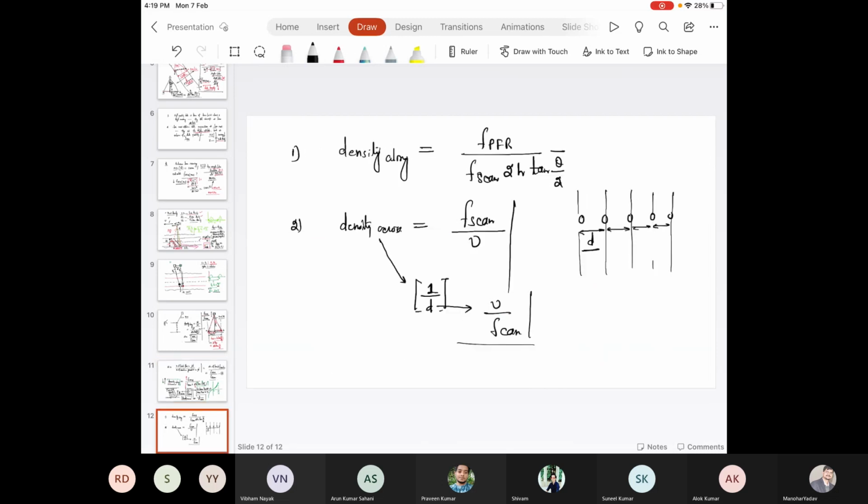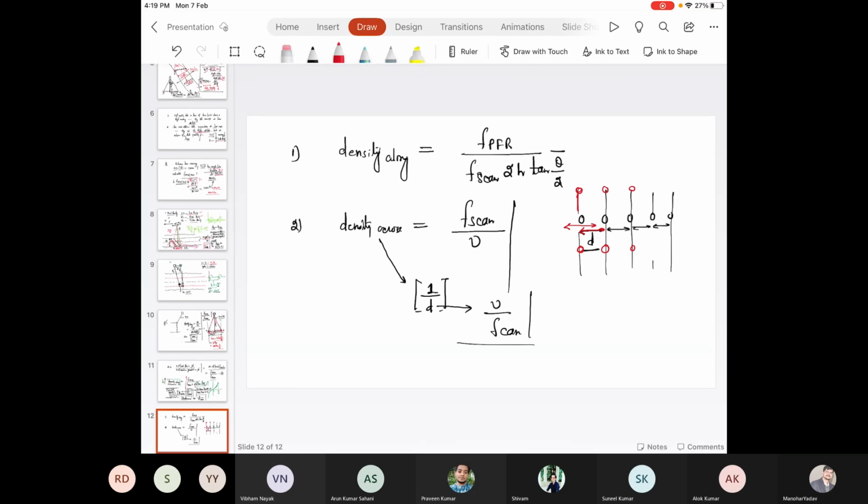Uniform point spacing means that these are the laser footprints along the scan line, and these we have across the scan line. The distance should be the same either along or across, so our point density should be the same.